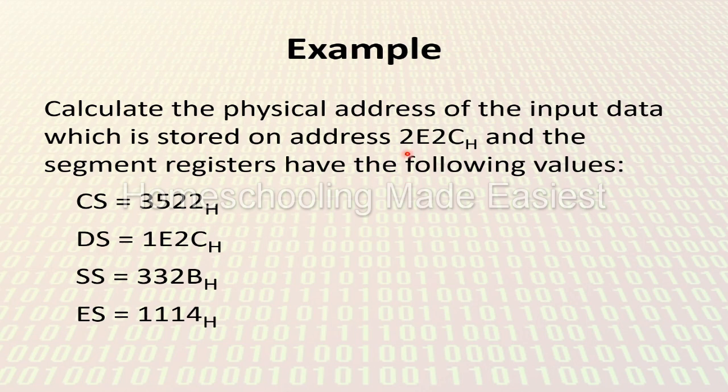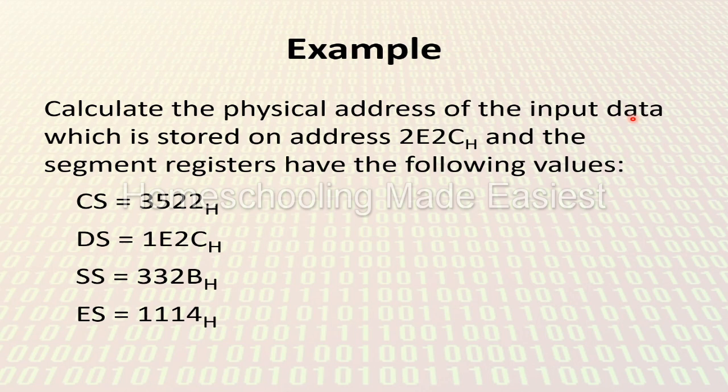Because it is stated in the problem that the input data is stored on address 2E2C, this is our logical address. This is the offset address of the data. Now since this is input data, all the data or operands reside in the data segment portion of the memory.